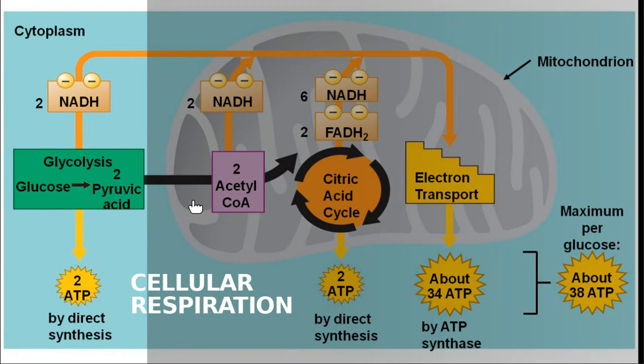We get 2 total as a result of going through the process twice. Which part of the mitochondria does it occur in? It's just coming into the mitochondria, so it's at the very edges almost, if that makes sense. But you don't need to know specifics, you just need to know that it's in the mitochondria.